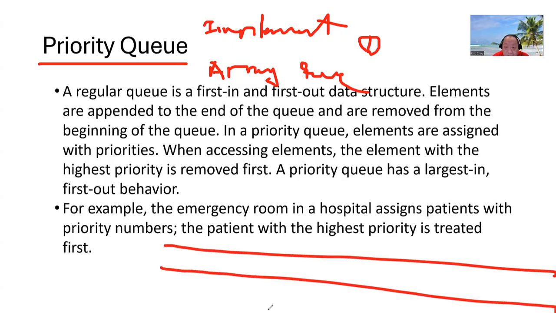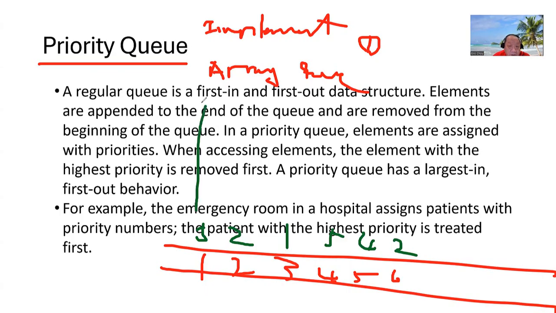Some data come in with timestamps 1, 2, 3, 4, 5, 6, and an urgent level from 1 to 5. So these are level 5, level 2, level 1, level 5, level 4, level 2. One way to implement it is to use an array of queues indexed by priority, 0, 1, 2, 3, 4, 5, where 0 is the lowest priority and 5 is the highest priority.